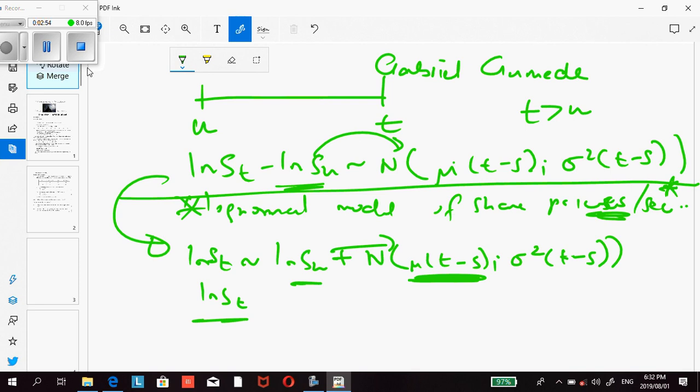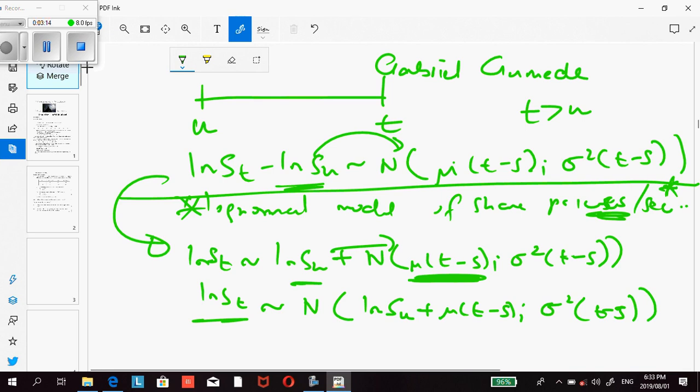So the natural log of ST will actually be a normal distribution with mean ln SU plus mu into T minus S and variance sigma squared T minus S.